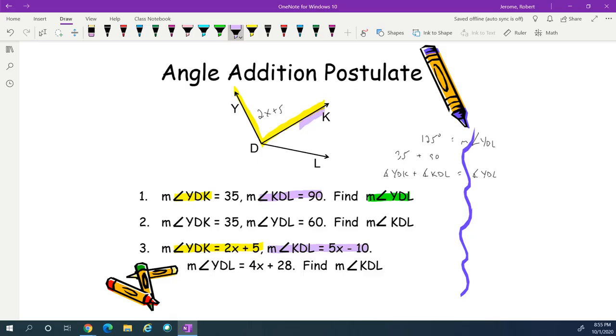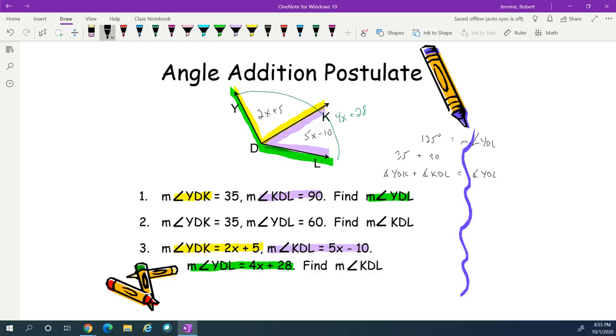KDL. Well, that's the one right next to it. And that's 5x minus 10. YDL. YDL is the whole thing. And for that, they gave us 4x plus 28.